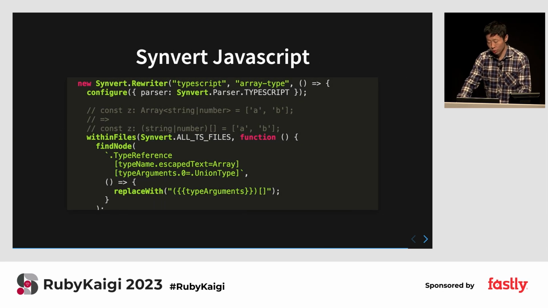In addition to using Ruby, I frequently use JavaScript and TypeScript, so I created Synvert JavaScript. With this tool, you can write code snippets to rewrite your JavaScript and TypeScript source code in a similar way to Synvert Ruby.